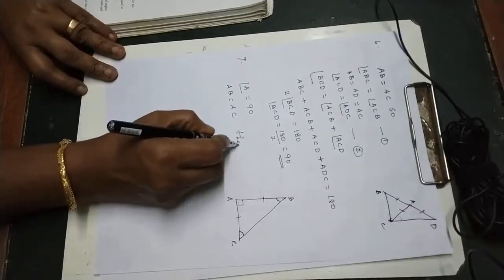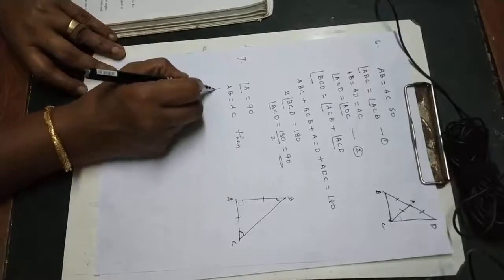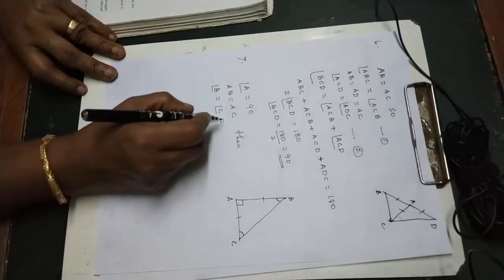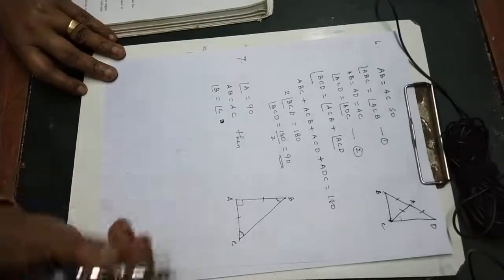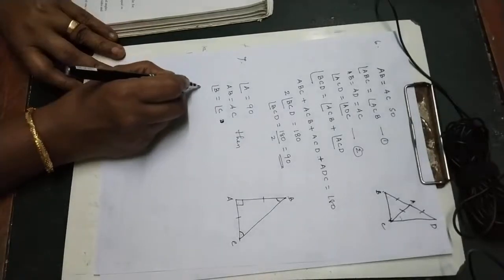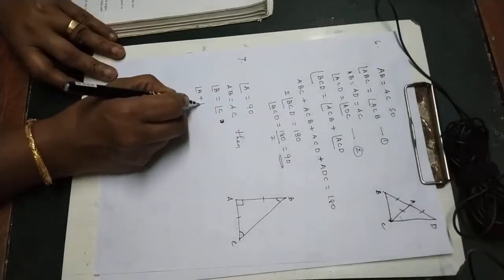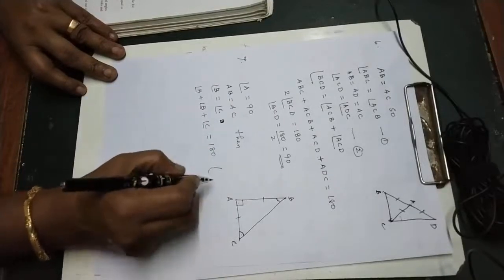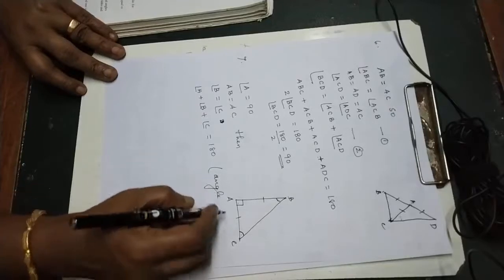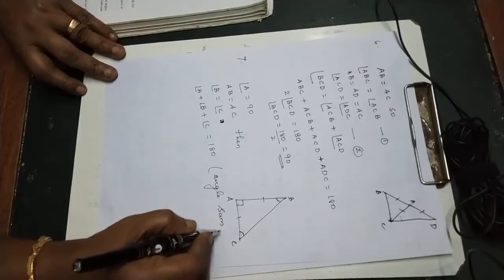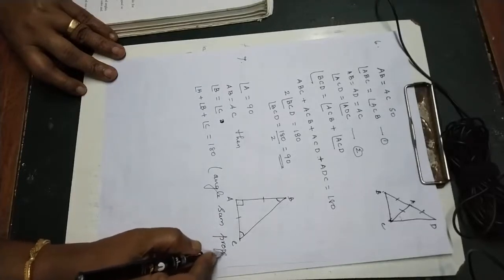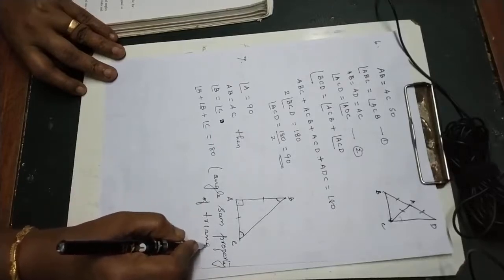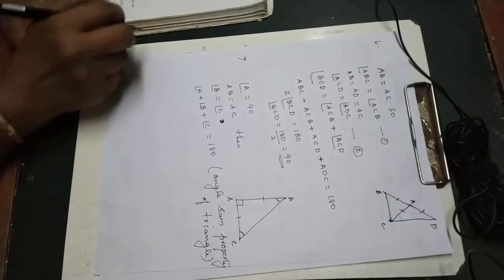Then angle B will be equal to angle C, that is they are equal. Okay. Then angle A plus B plus C equal to 180, that is angle sum property of a triangle.